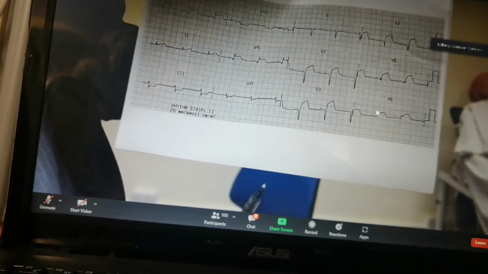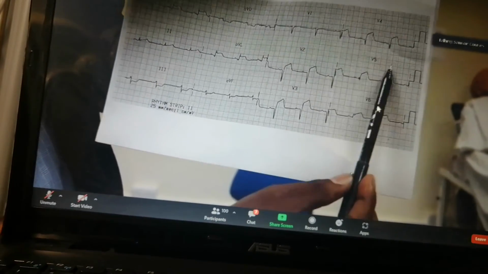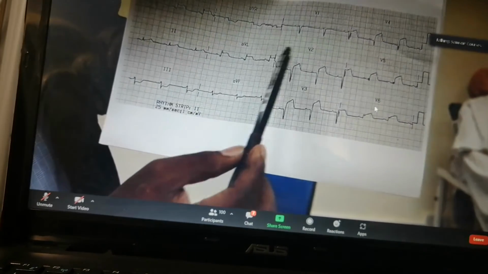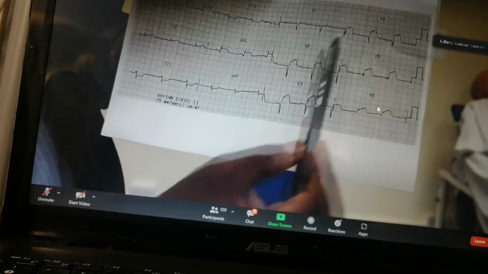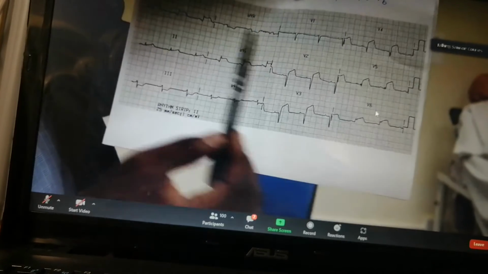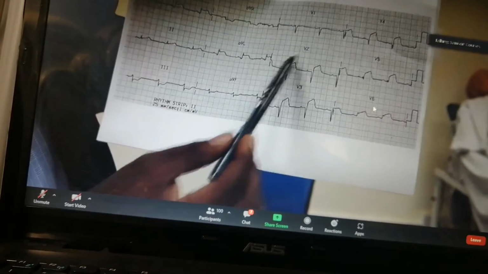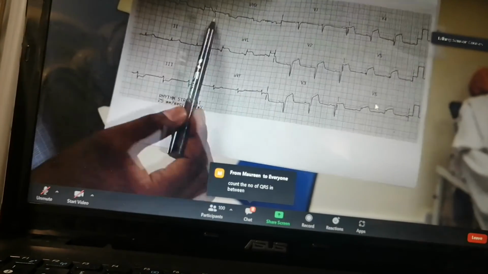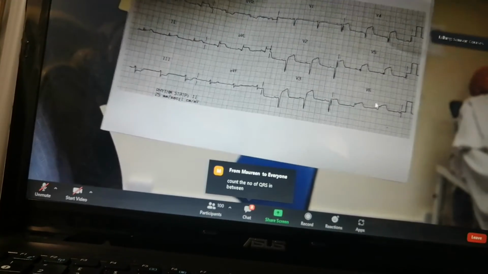The lateral wall is V5, V6, lead 1, and AVL. The anterior wall, obviously, is V1 to V4. So here from V2 all the way to V6, plus lead 1 and AVL, there's an elevation, as you can see. So it's an anterolateral MI.